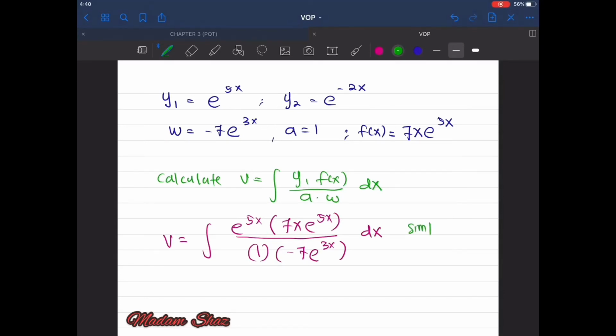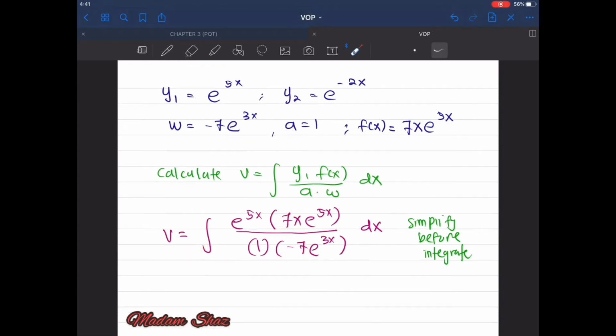Okay, now you have to simplify before integrate. So simplify the number first. If you have any constant, then bring it to the front. So you have 7 with the negative 7. So we can cancel out the 7, and the negative will be brought to the front.